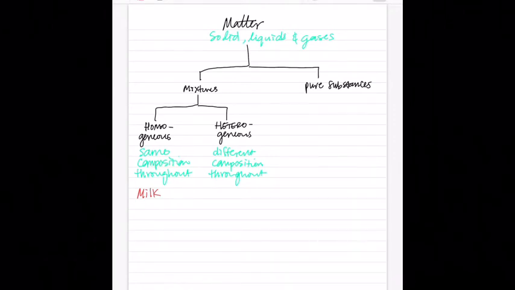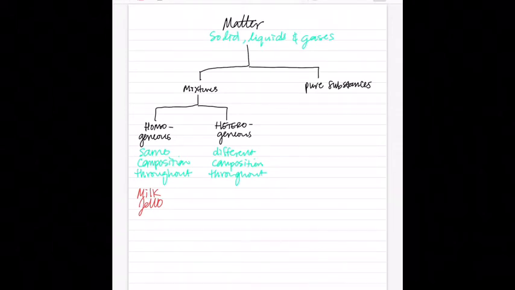Now, another one that would be a good one would be Jell-O. I know I used Jell-O earlier. I'm not talking about Jell-O with the fruit in it. I'm just talking about straight Jell-O. You can't pull the sugar out of the Jell-O. So that's a good kind of litmus test for if it's homogeneous or heterogeneous. If you can pull something out of the mixture, it's heterogeneous. If you cannot pull anything out of the mixture, it's homogeneous.